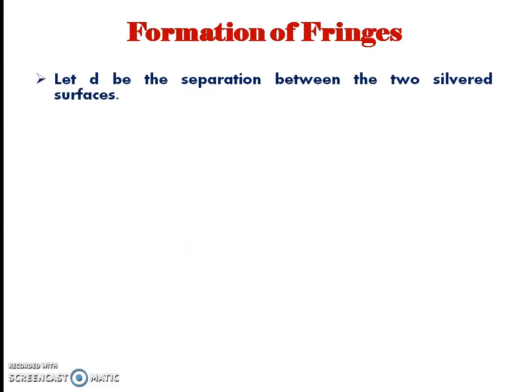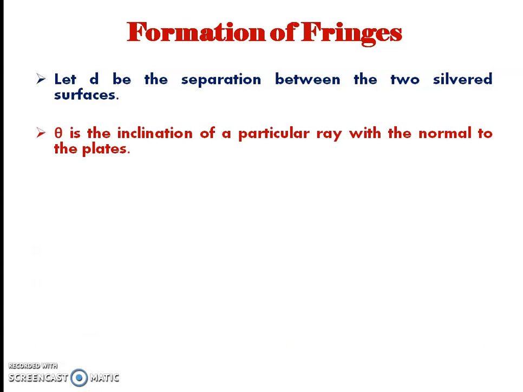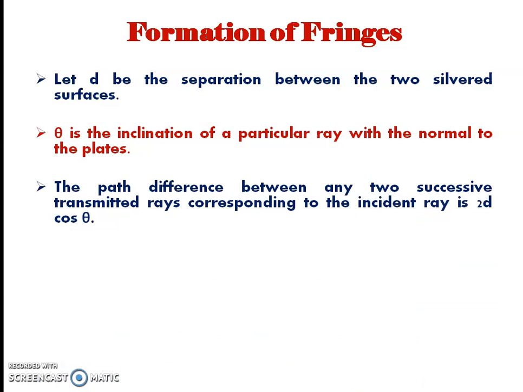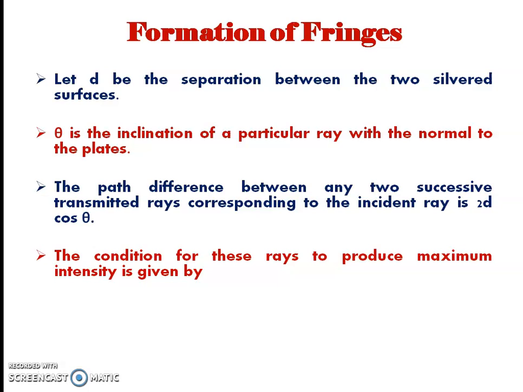Now how are the fringes formed? Let d be the separation between the two silver surfaces, and theta is the inclination of a particular ray with the normal to the planes. The path difference between any two successive transmitted rays corresponding to the incident ray is 2d cos theta.